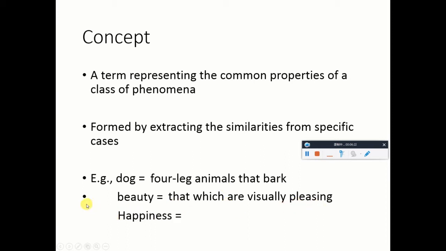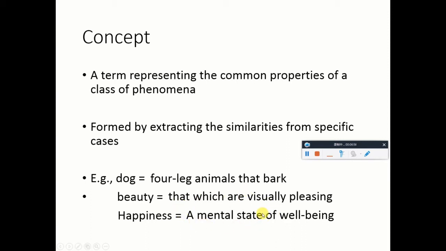One last example is happiness, right? So it is in the constitution of this country that everybody is entitled to pursue their own happiness. But then you may ask, well, what is happiness? Again, here I say, well, this concept of happiness is actually referring to a whole class of mental states.